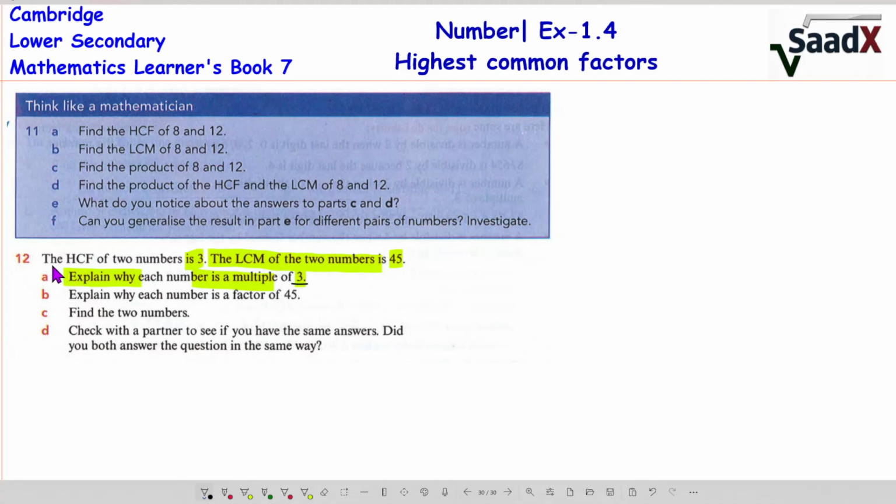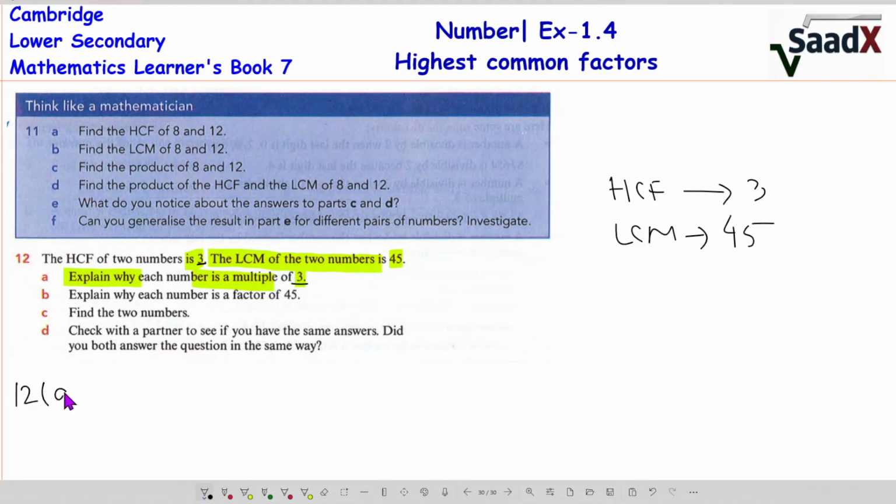Read carefully. The HCF of two numbers is 3, which means the highest common factor is 3, and the LCM is 45. 3 is a factor of both numbers, right? So each number is a multiple of 3.